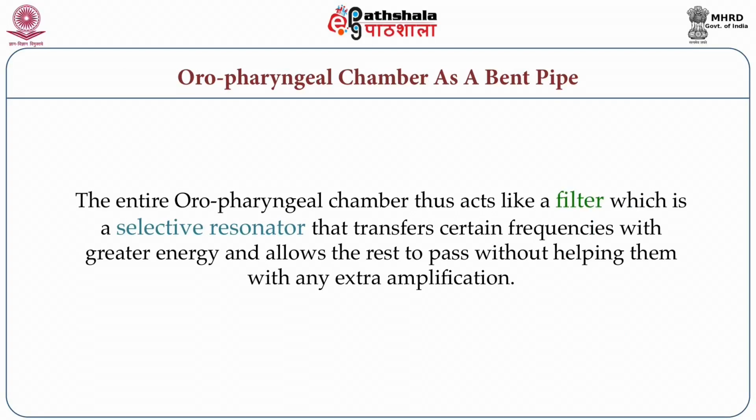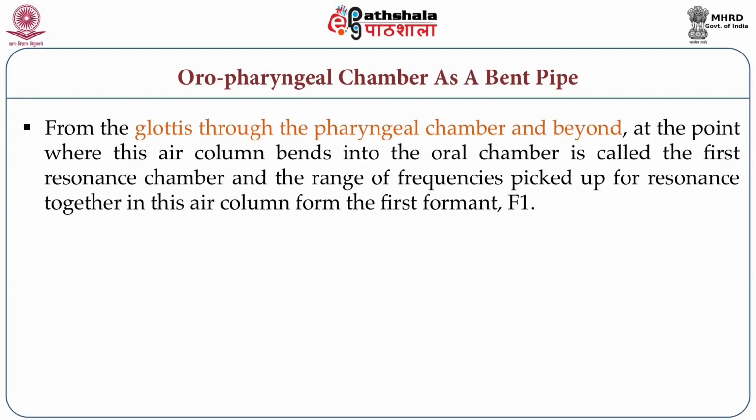The rest of the frequencies are filtered out. And since it is a large air column, there you will have certain bands of frequencies picked up for resonance. So the first band of frequencies which shows resonance in the first air column is the first formant.